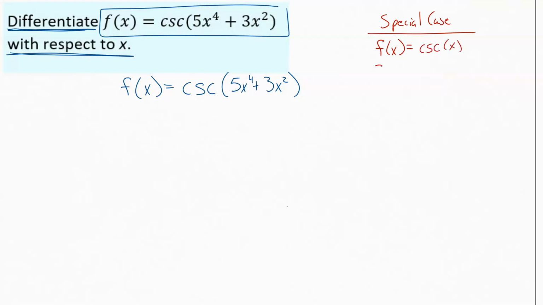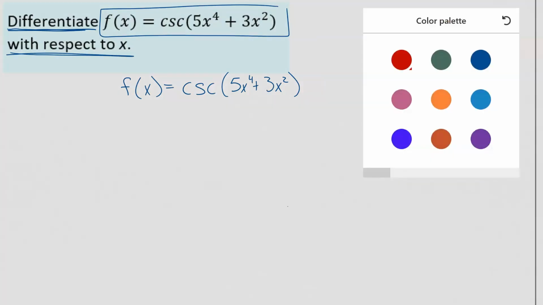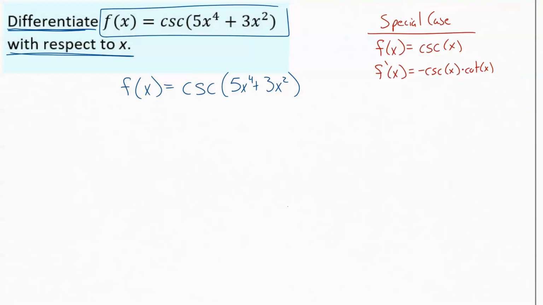So if f of x equals the cosecant of x, then f prime of x, the derivative of that, is equal to negative cosecant of x times cotangent of x. And whenever you're dealing with these trig functions or any of these special cases, really, the rule always is as soon as that becomes anything more than just your basic x, so as soon as it becomes 3x, negative x, as soon as it is more than just x, it's a chain rule problem.